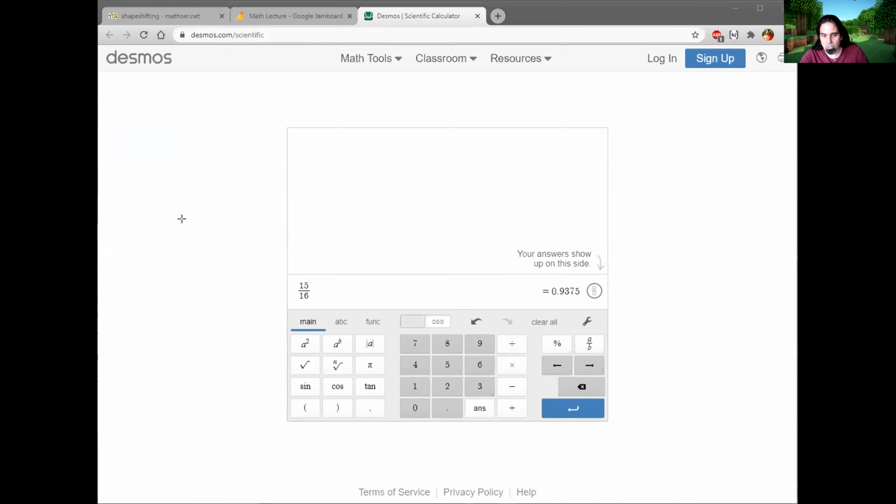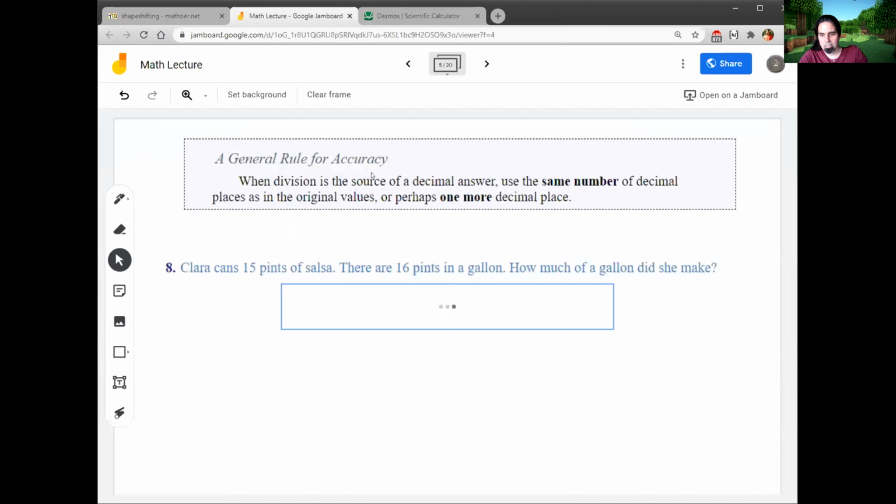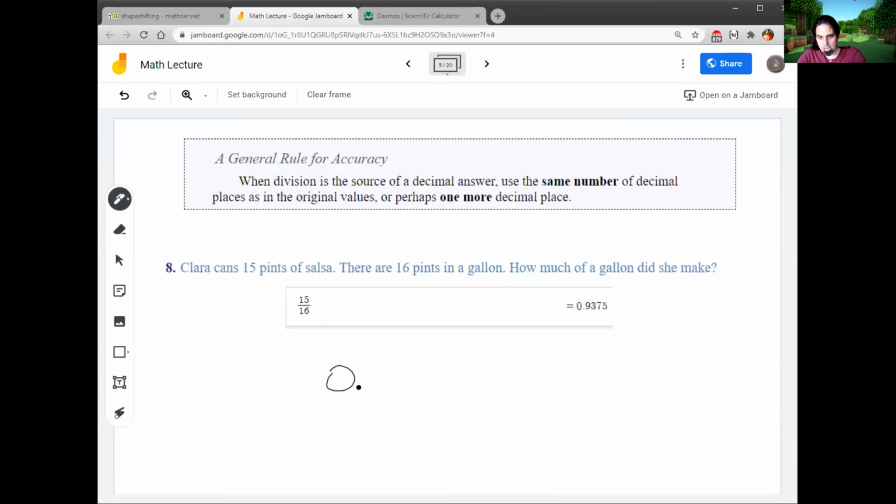I'll put that on the Jamboard too. Should we say she has 0.9375 gallons? And that is 15/16, right?